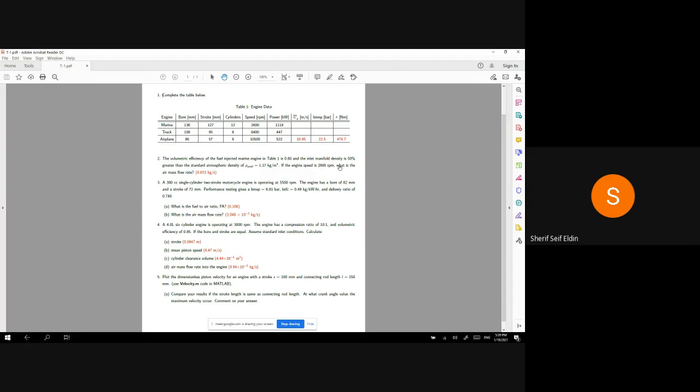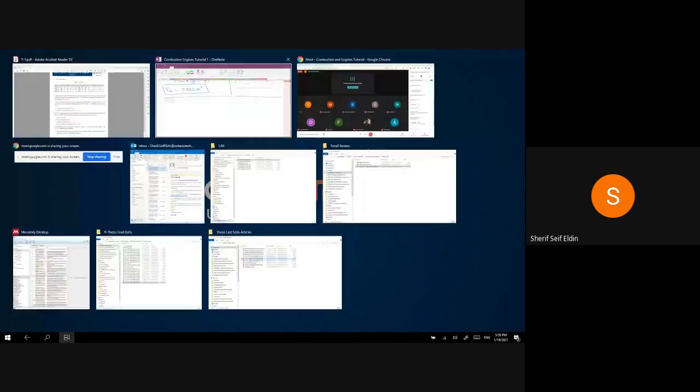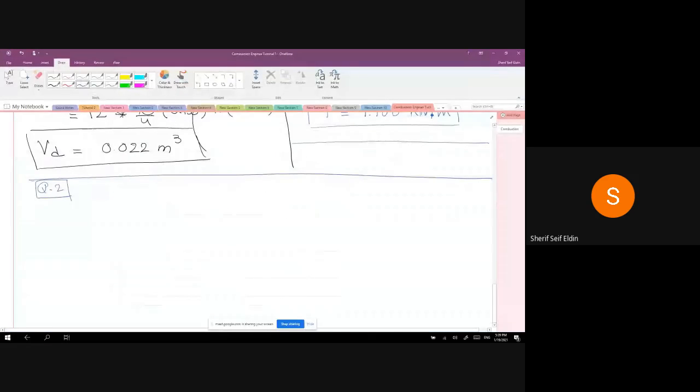If the engine speed is given, what is the air mass flow rate? So he gives you the value of the volumetric efficiency, which is 0.8.